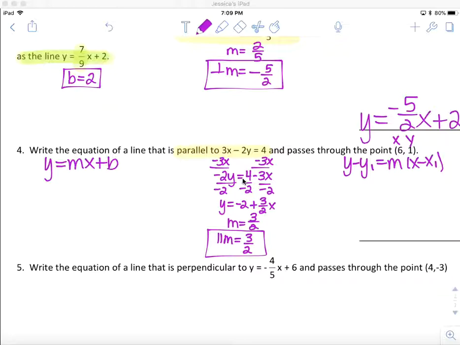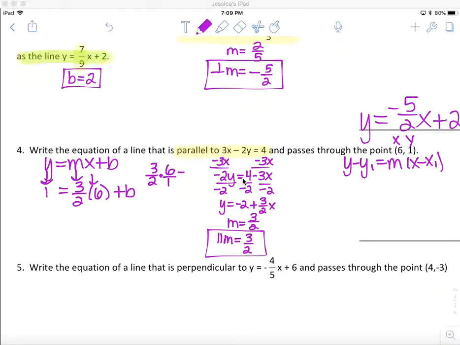For y equals mx plus b, I'm going to plug in 1 for my y. My slope is 3 over 2, and my x is 6. B is what I'm missing. To multiply 3 over 2 times 6, you can do this to the side if you need to. 6 is the same thing as 6 over 1.